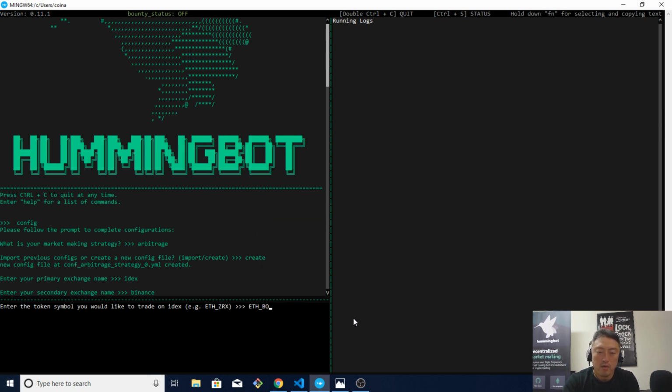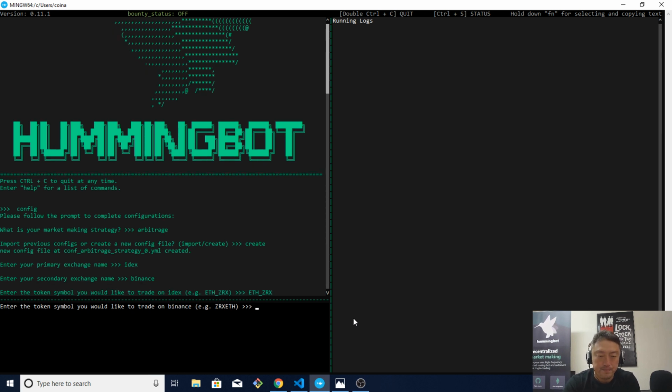This is the symbol format in IDEX, and then in Binance, it's 0xETH. We have these autocomplete windows, which have the full list of trading pairs for each exchange to help you more easily find the right trading pairs.